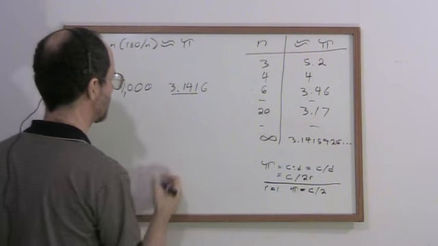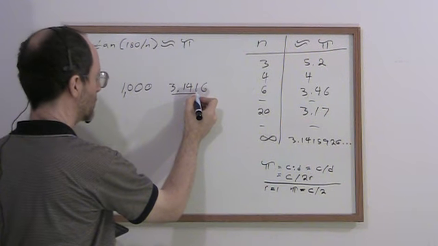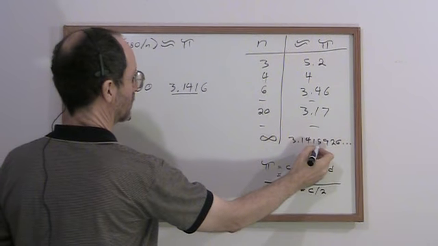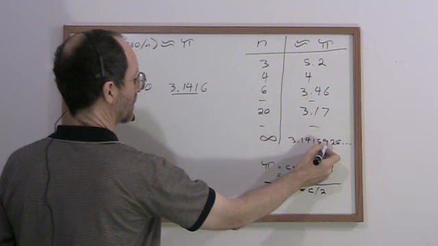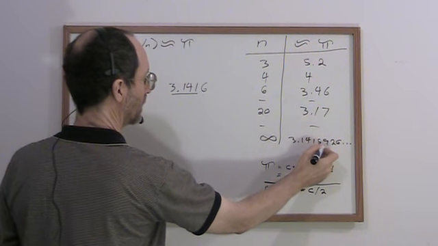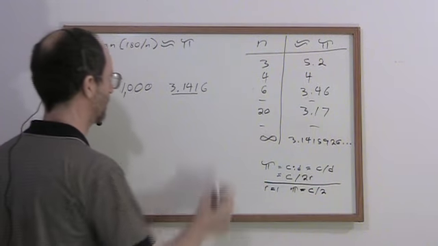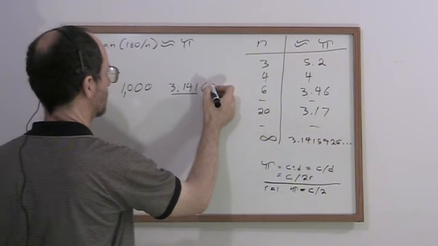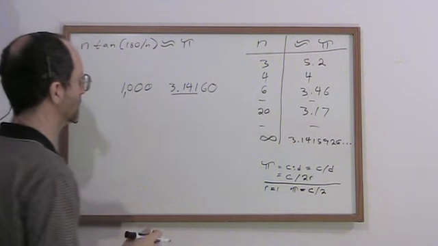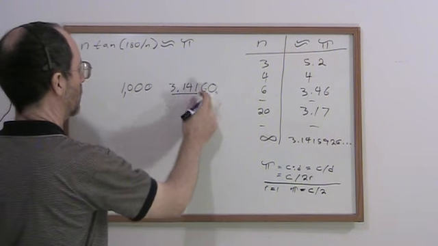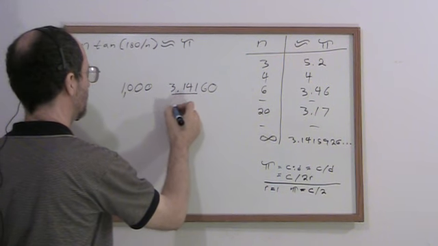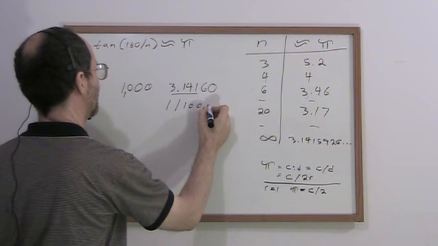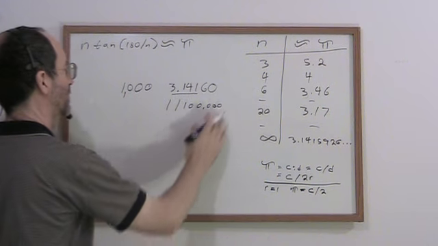So with 1,000 sides, we're good out to 4 decimal places. Compared to 3.14159, we're within 1/100,000th of the value of pi.